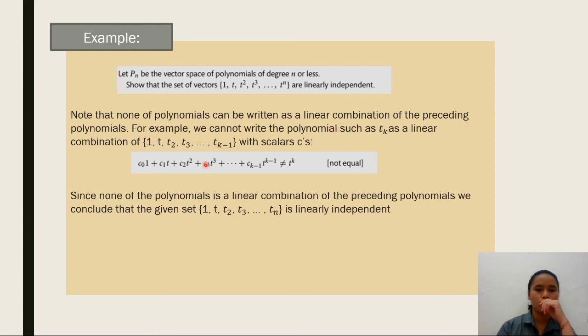For example, we can write the polynomial as a linear combination of the others with scalars. So this is our formula. Since one of the polynomials is a linear combination of the preceding polynomials, we conclude that the given set is linearly dependent.